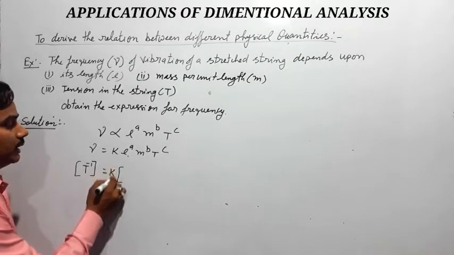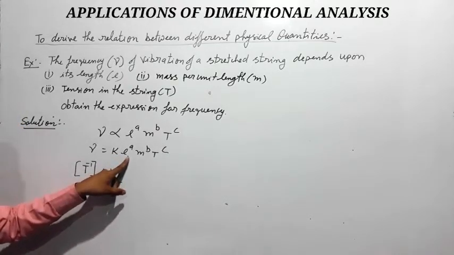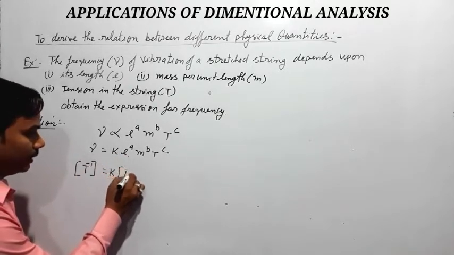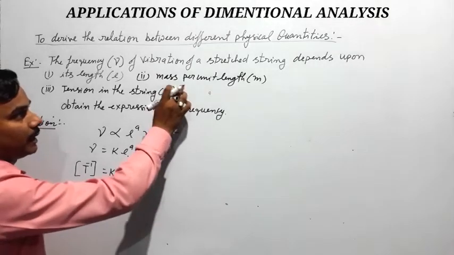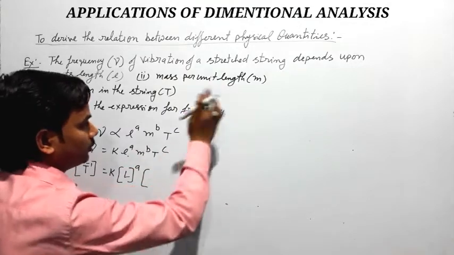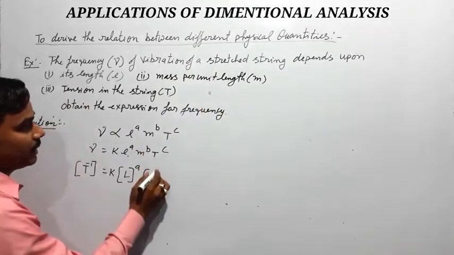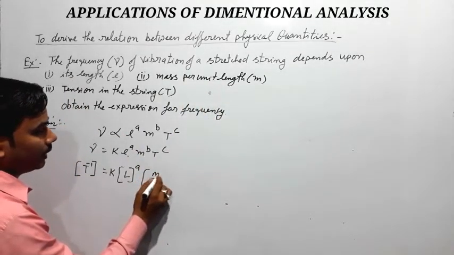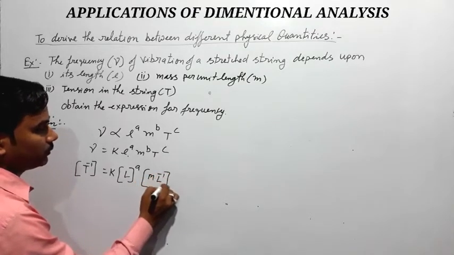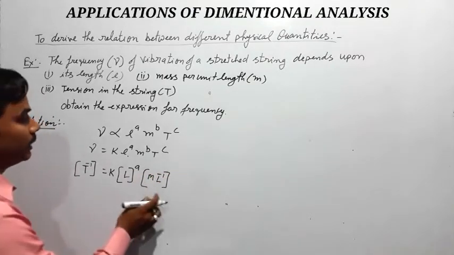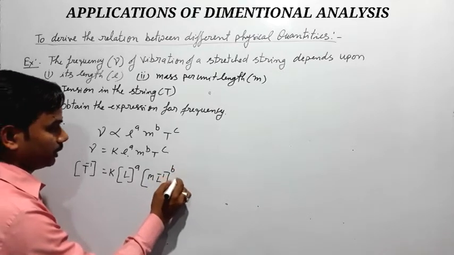Now the dimension of L is length, so we will write L to the power a. The dimension of mass per unit length is M by L, or we can say M L minus 1. This is the important thing, you have to note it.